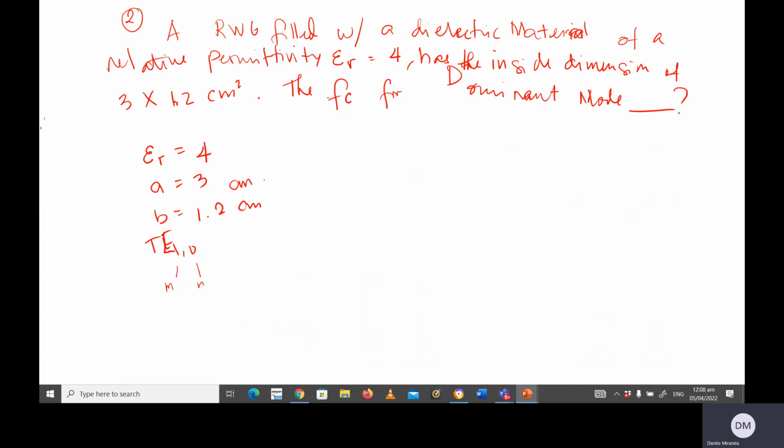Okay? And the formula for the cutoff frequency, f sub c is v over 2, actually this is velocity, times the square root of m over a square plus n over b square.